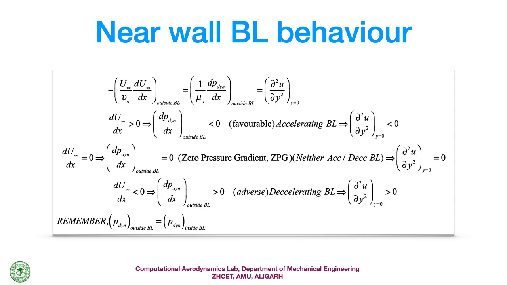One where pressure is helping the flow, that is the favorable pressure gradient, where pressure is high upstream and less downstream, so that is an accelerating boundary layer. Or the pressure is low upstream and high downstream. If this is the condition, then the boundary layer can be decelerating.